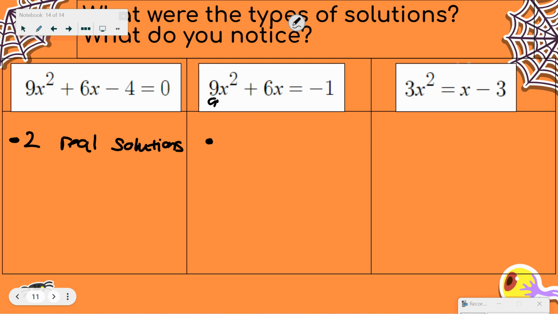And remember we had 9x squared plus 6x plus 1 equaling 0. Who remembers with example 2, what was our answer type? Yeah, it was 1 answer, right? So we only had 1, and that was a real value.